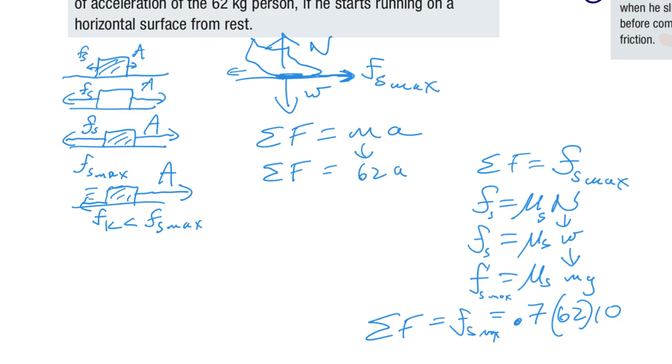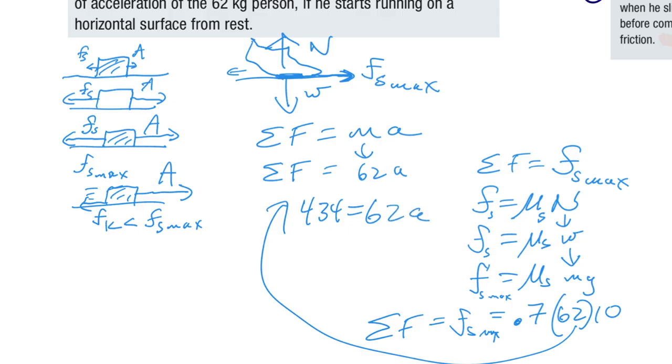Okay, so we can now put this in here. 0.7 times 620 is 434. So 434 is equal to 62A. So A equals 434 divided by 62. That comes out to be 7 meters per second squared.